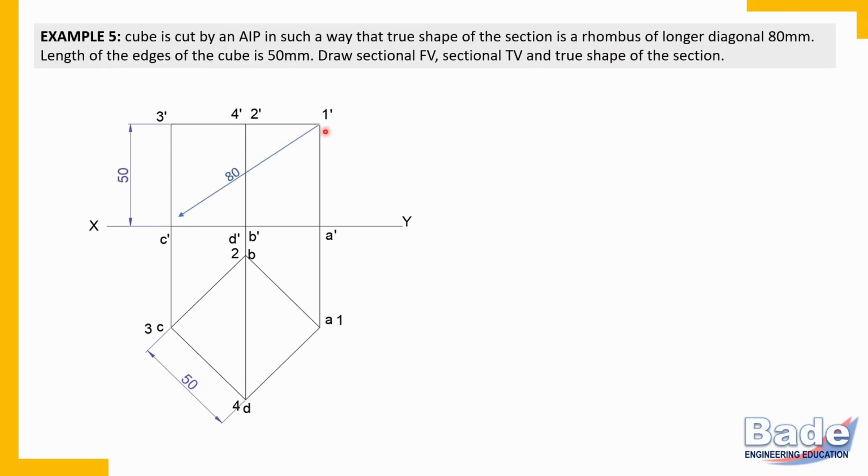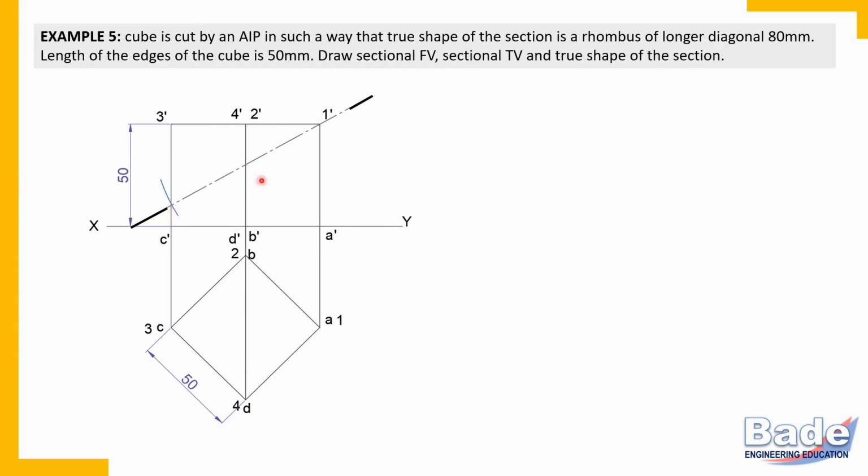Take corner 1 as center and a distance of 80 millimeters in the compass, and cut the left side edge. This is the point through which the cutting plane should pass, and point 1 through which the cutting plane should pass. And this is how the cutting plane position is.